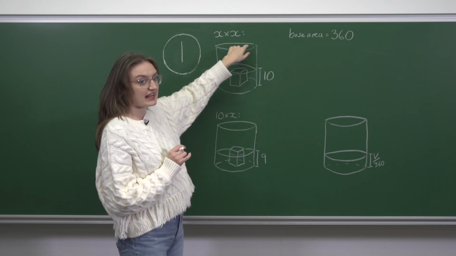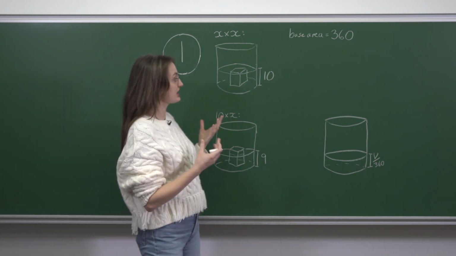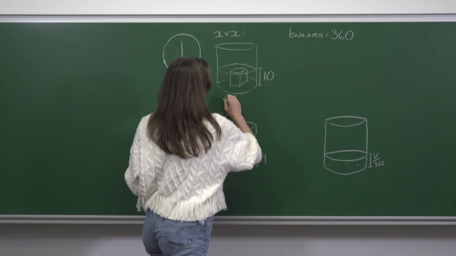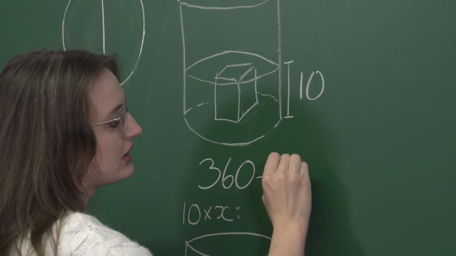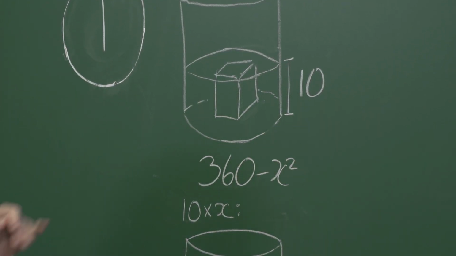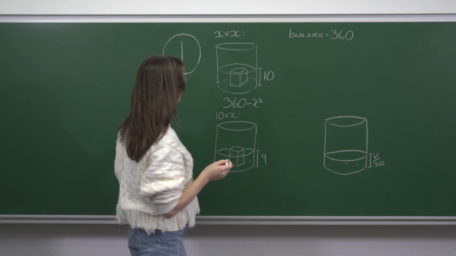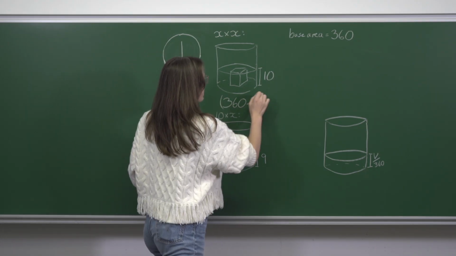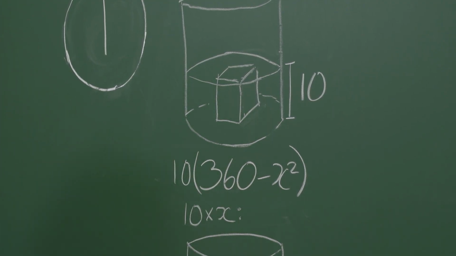It's the x by x face which is sitting on the bottom of the tank, so it is reducing the area by x squared. So 360 minus x squared is the area of the base which is available for water. The depth is 10, making the volume of water 10 times 360 minus x squared.